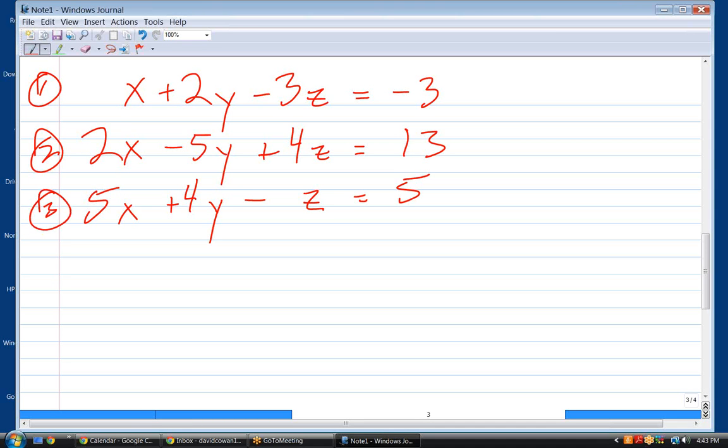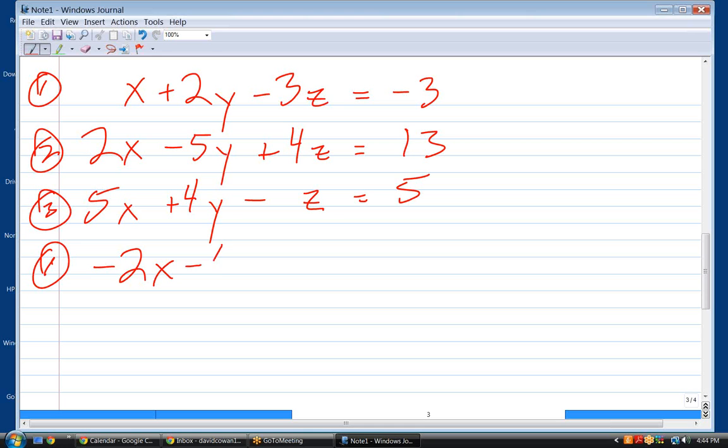In this particular case, I'm going to choose to eliminate the x variable. So notice that I can't eliminate it immediately. But what happens if I multiply equation 1 by negative 2?